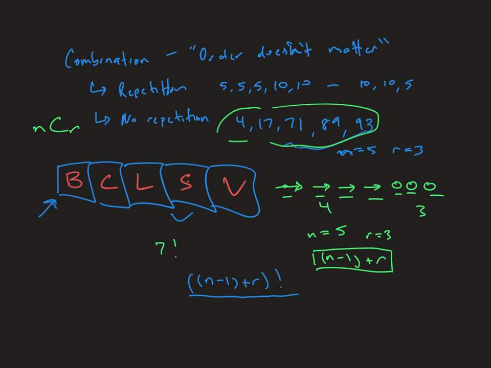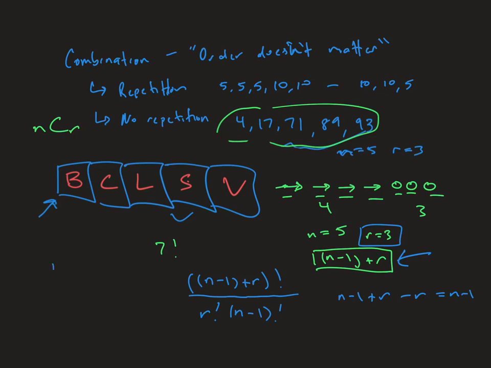So the n factorial of old, which was on the numerator, is really this value right here, n minus 1 plus r. Then, like we said, we had r factorial on the bottom still, because r is still that, and we're choosing r factorial, which means that what's on top, n minus 1 plus r, minus r, equals n minus 1.